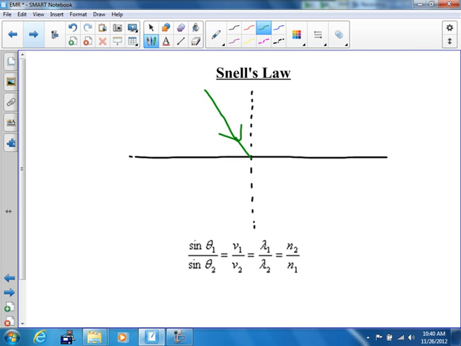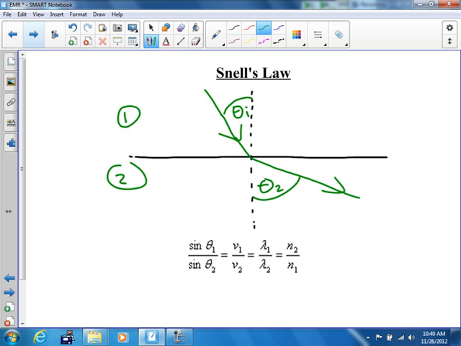We're going to call this theta I, the angle of incidence. Here's our ray of light as it goes into the second material. We're going to call this theta 1. This is going to be called theta 2. So the first material, the second material.